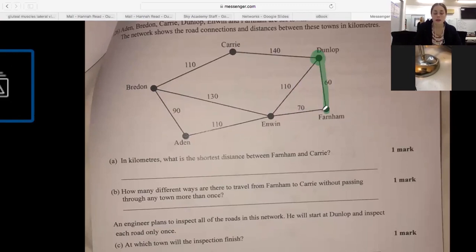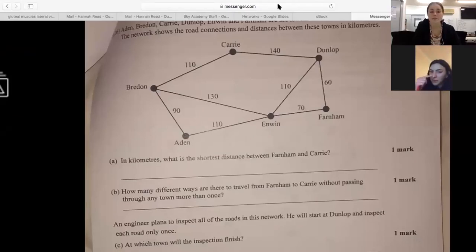I think every number, because the lines where the numbers are are the roads between each place. Yeah. Right. And he's inspecting all of the roads.